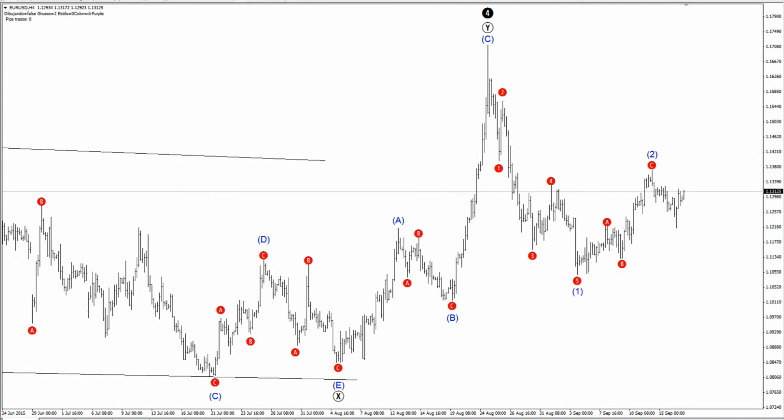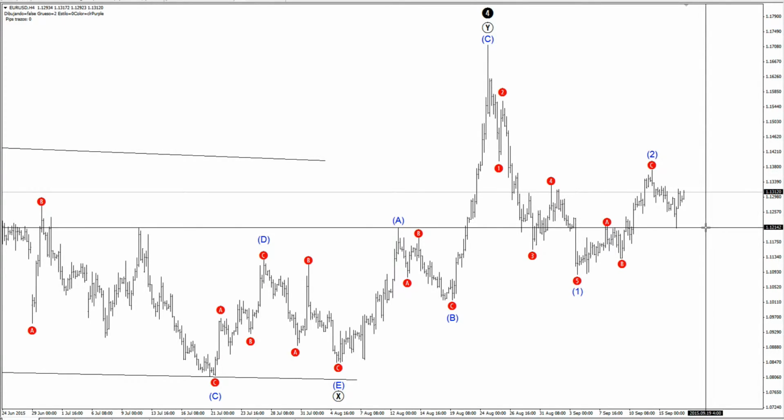And key levels today on Euro USD: 113.285 is the next resistance level, and 111.77 would act as support. The low yesterday was 112.13, so this will act as a support level as well.